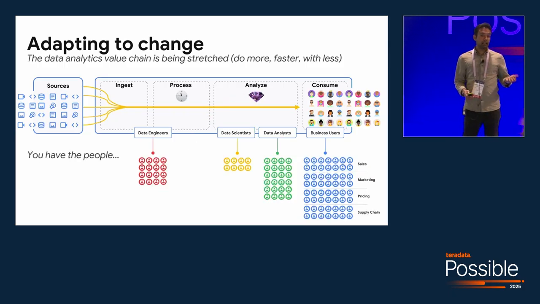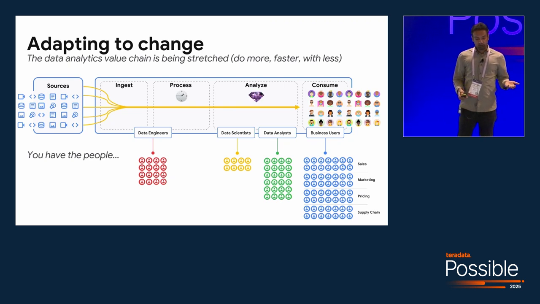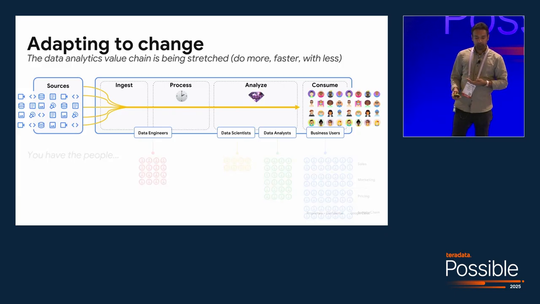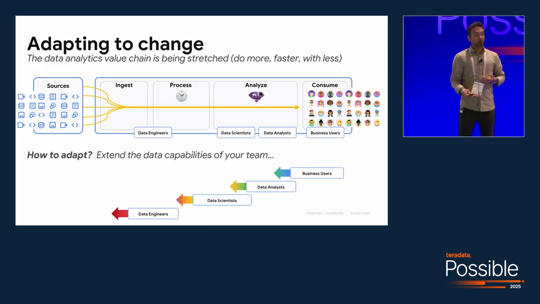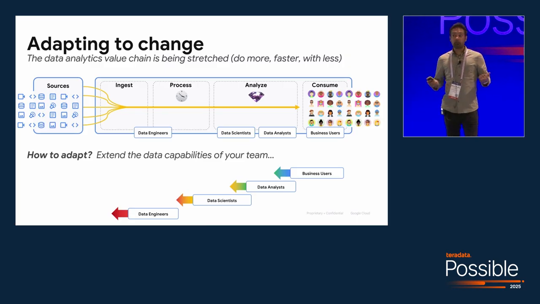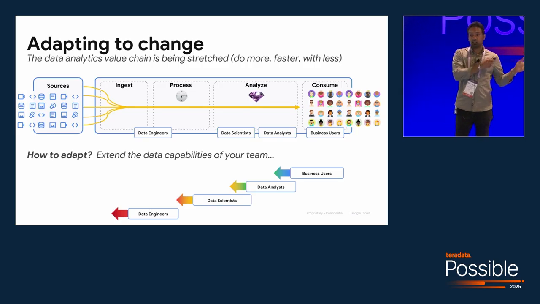So how can organizations adapt to these changes across so many personas of the data landscape as well as the whole value chain? How can we enable these teams? We can build some automation around this entire value chain, all the way from data processing and ingestion to data consumption.